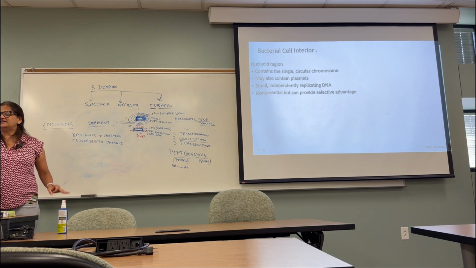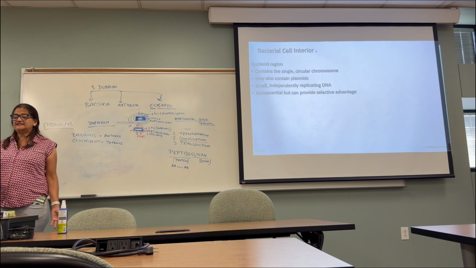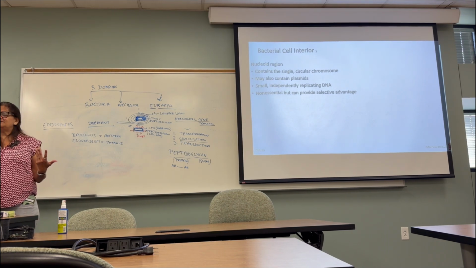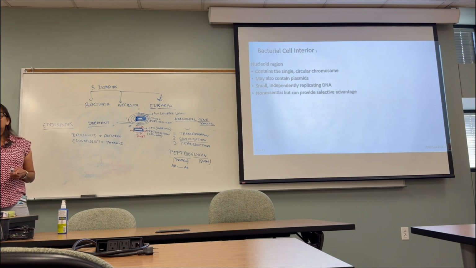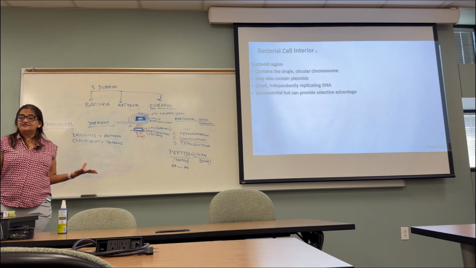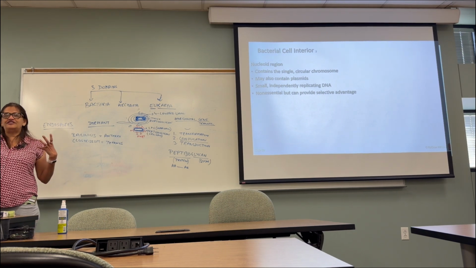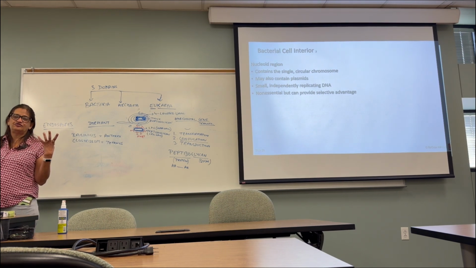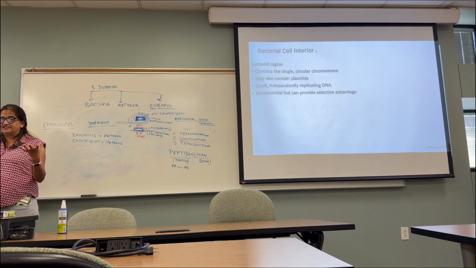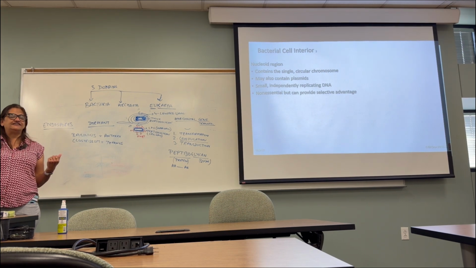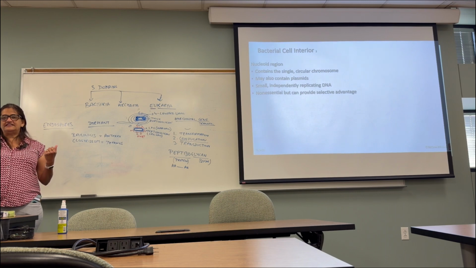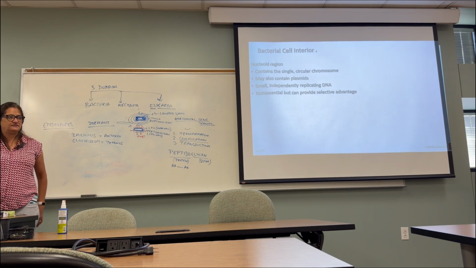They are non-essential, they are not really needed, these plasmids, but they provide, like I said, a selective advantage like antibiotic resistance. So if that bacteria has this plasmid, of course they are going to have that gene that is going to give them that selective advantage of saving themselves from the antibiotics. Make sense?